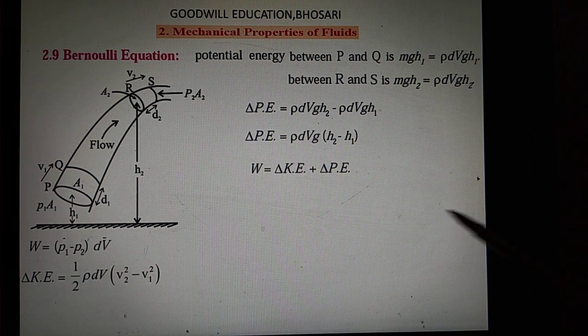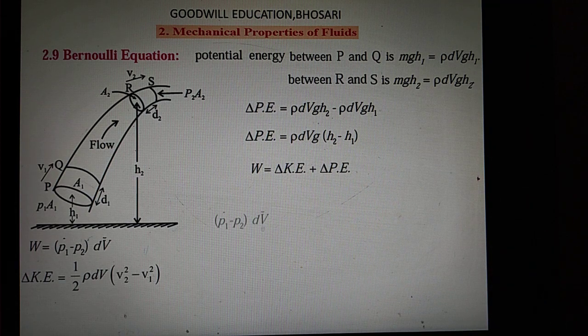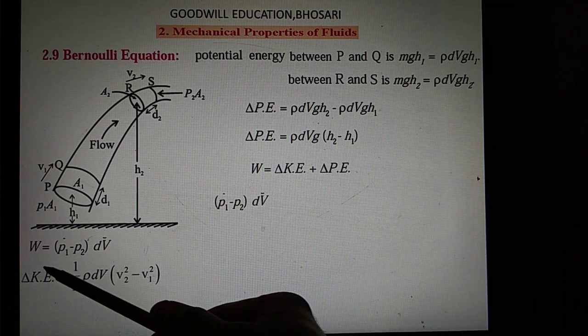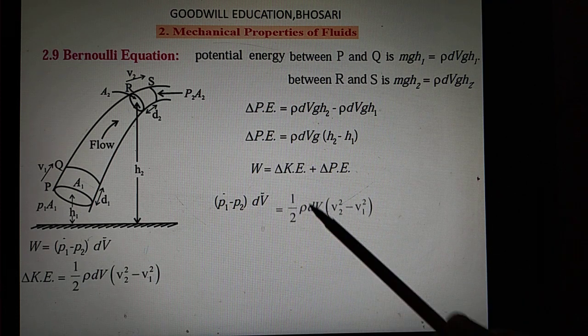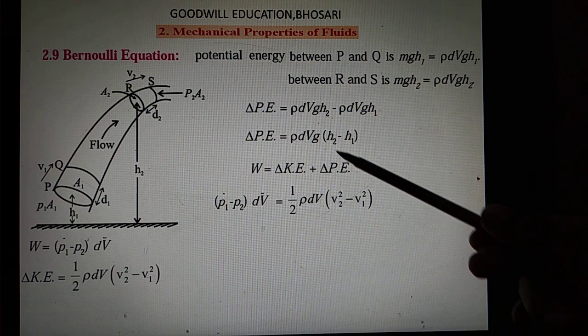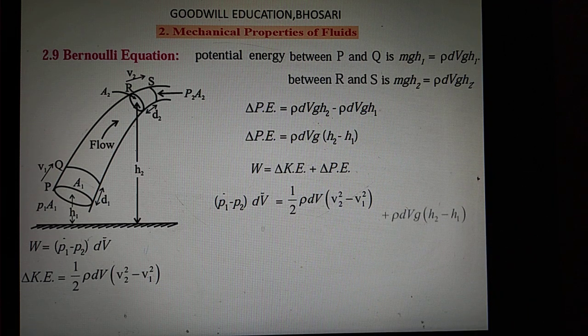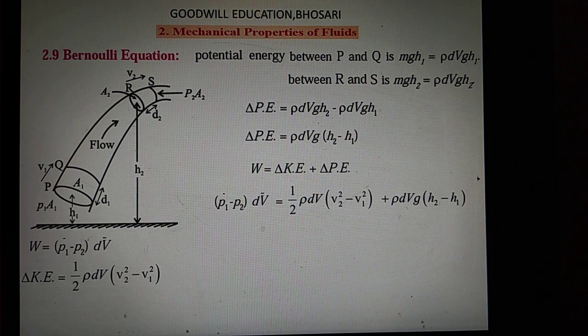So the total work done is kinetic energy plus potential energy. So the work done is this one, P1 minus P2 dV, equal to delta KE, the change in kinetic energy, plus the change in PE, put it here, this one. Okay. Now this is the equation, that is the work done. Is it right?